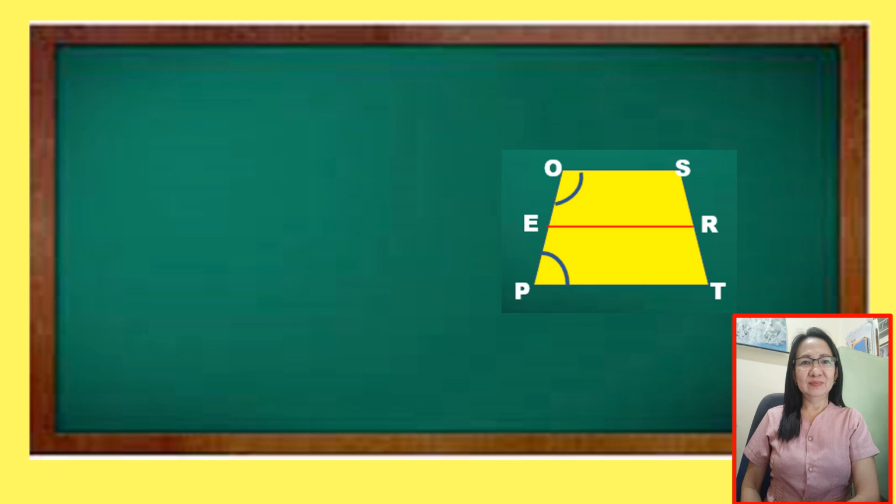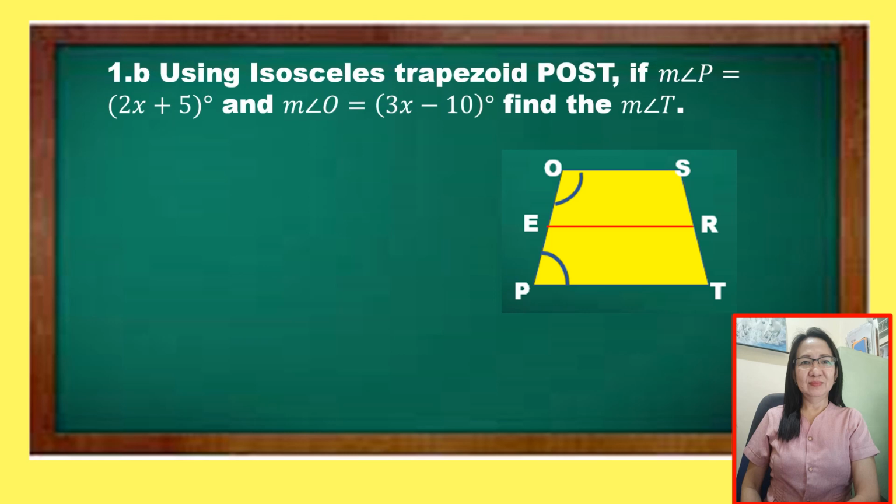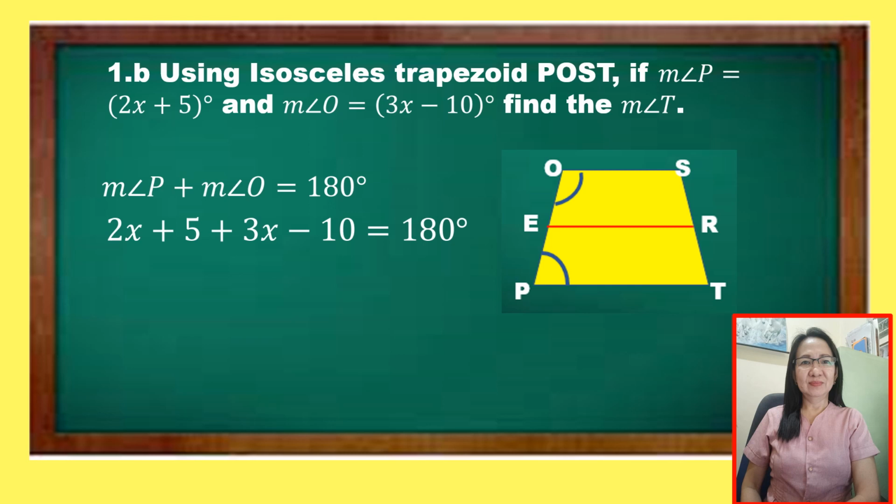Now let us solve this problem. So we are going to use our consecutive angles such that the measure of angle P plus the measure of angle O is equal to 180 degrees. By substitution, the measure of angle P is represented as 2x plus 5 and the measure of angle O is represented as 3x minus 10.